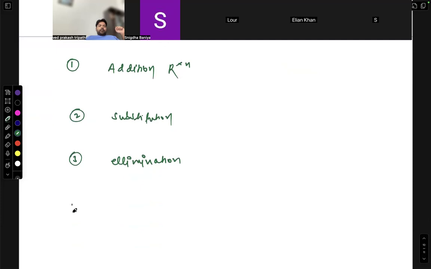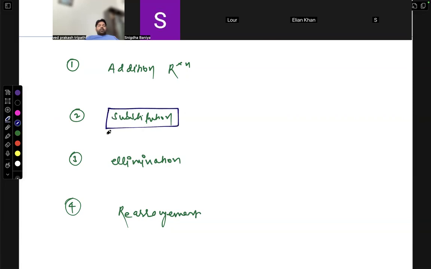Fourth, rearrangement. We are going to start with the substitution reaction first. So we have to cover nucleophilic substitution, SN. N stands for nucleophilic and S means substitution. So it is of two types, SN1 and SN2.